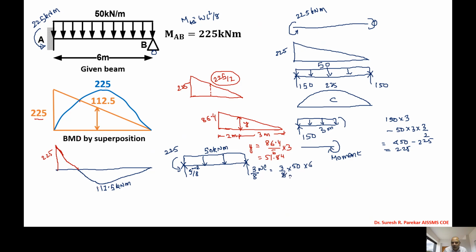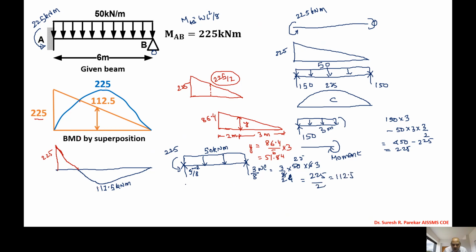And then we will get it as 2, 3, 2, and that is 25. So this will be 4 and then 2 will remain. And then we will have 225 by 2, 112.5.